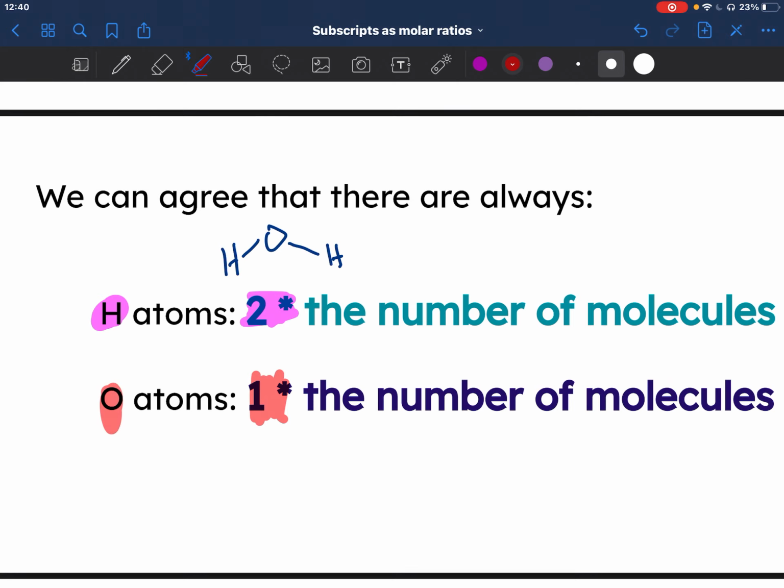If you do not agree with this statement yet, if you're not sure where this is coming from, you should stop the video and re-watch until you feel completely sure on this page. That's okay if you're not quite there yet. It's okay if you need to repeat. That means you're learning, you're engaged. But if you're not sure what I mean here, you don't want to move on yet. You want to pause and rework until you're in a good place with this statement.